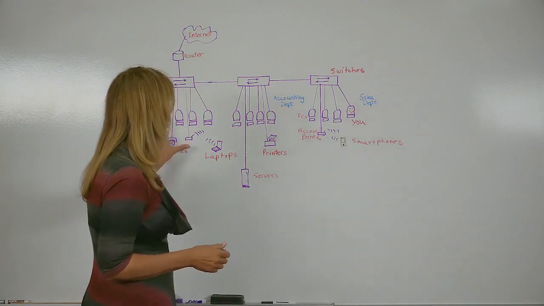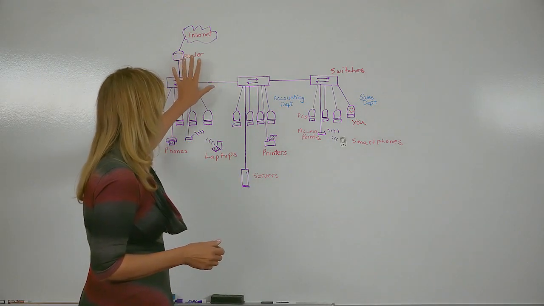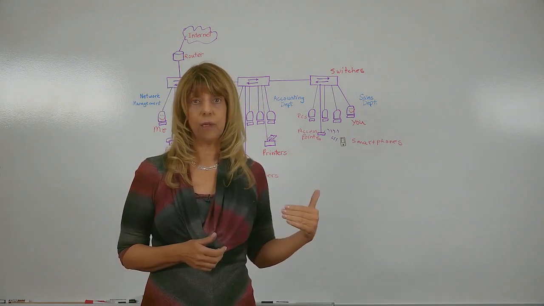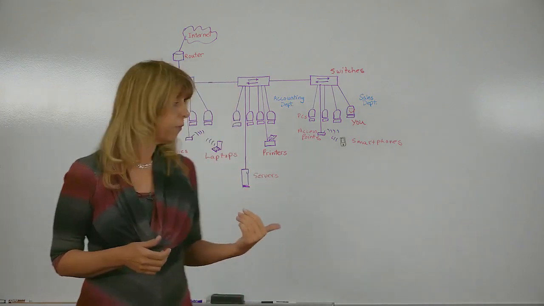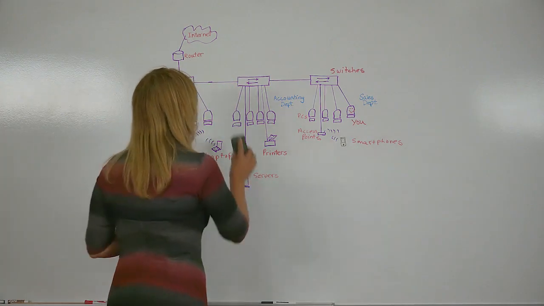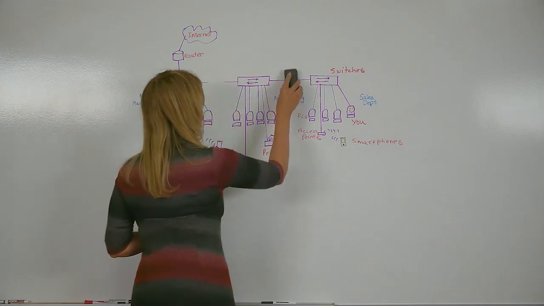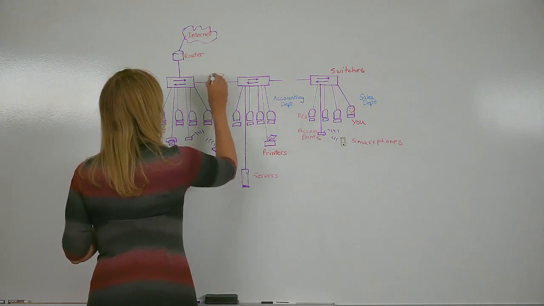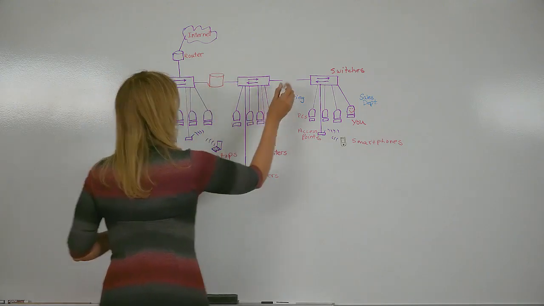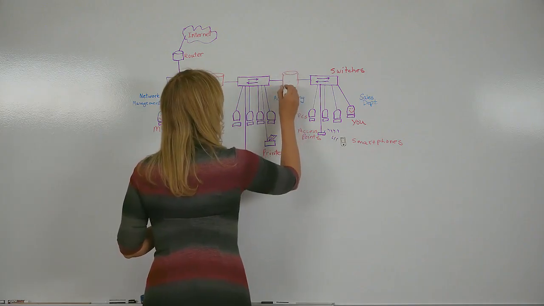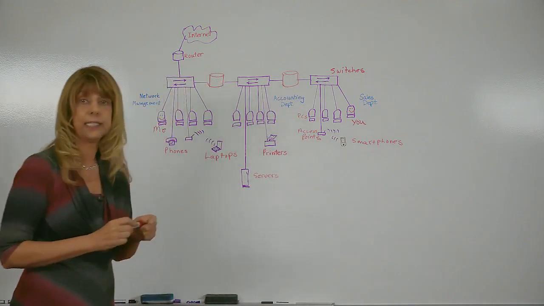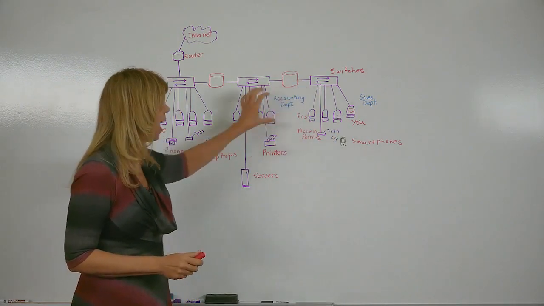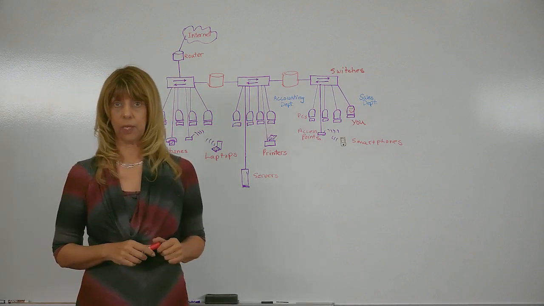So basically, when we add a router, the router enables us to divide the network and also to divide the broadcast domains. So if I were to insert routers into this network diagram, let me draw some routers here. When I insert routers into this diagram, I have now taken one relatively large network and divided it into three separate networks.